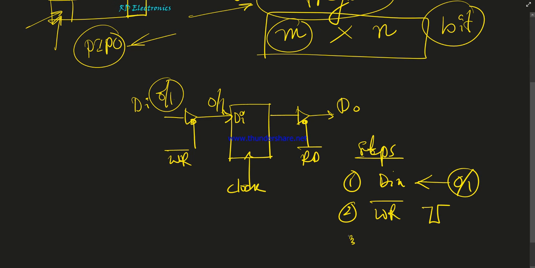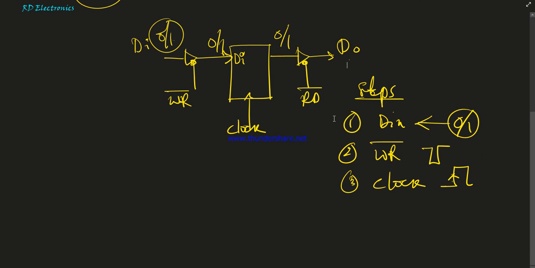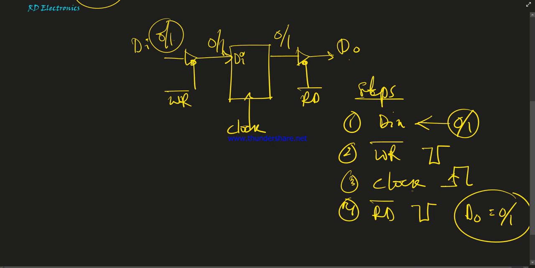Step 3, we apply the positive edge clock. At the positive edge of the clock signal the data is stored, but it does not come to the output because the read bar pin is not active. Now in the 4th step, the read bar pin goes low and therefore the output is equal to 0 or 1 respectively. So these are the 4 basic steps for read and write operation in any D flip-flop.